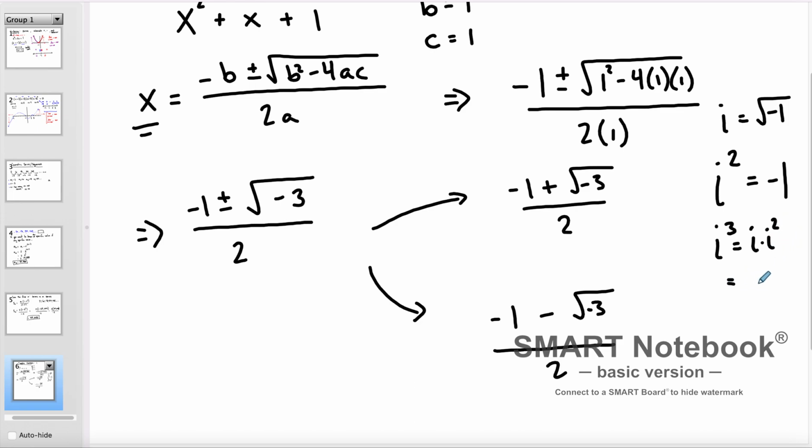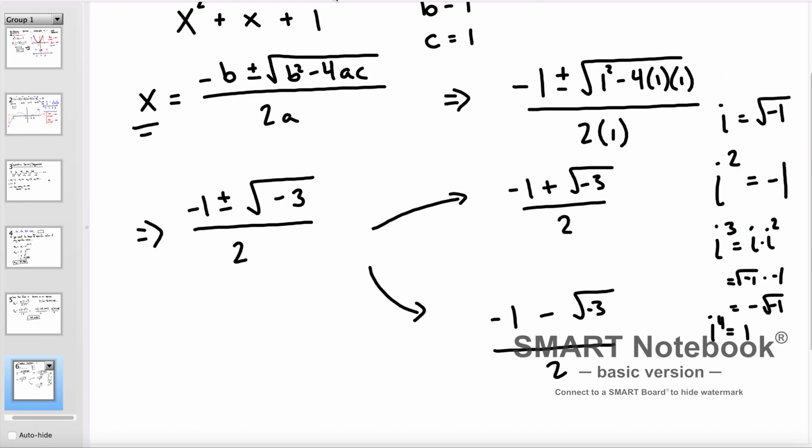So that's the same thing as negative the square root of negative 1. And i to the fourth is positive 1, because i squared times i squared is i to the 4th. Negative 1 times negative 1 is positive 1.